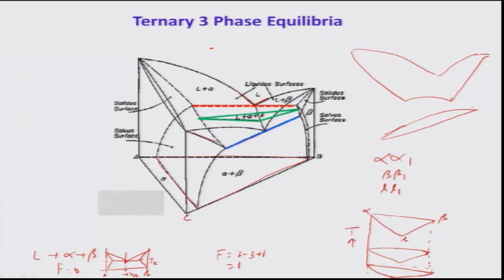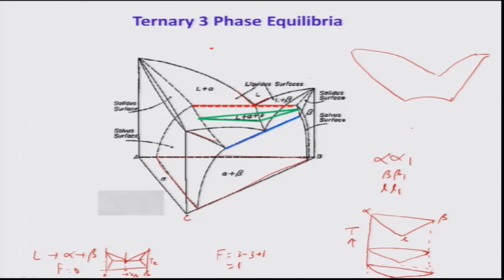So completely different liquidus surface, correct. Similarly the solidus surface will be quite a bit different. So as you see, simply going from 2-phase equilibria to 3-phase equilibria, the whole 3-dimensional construction gets quite a bit changed, and one needs to really look at this.